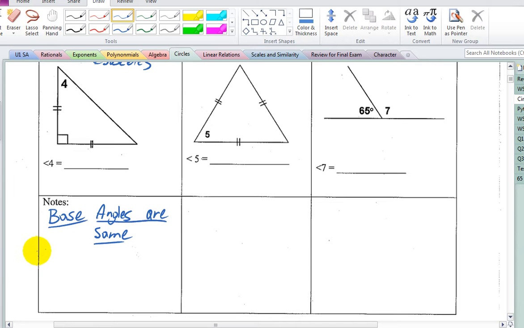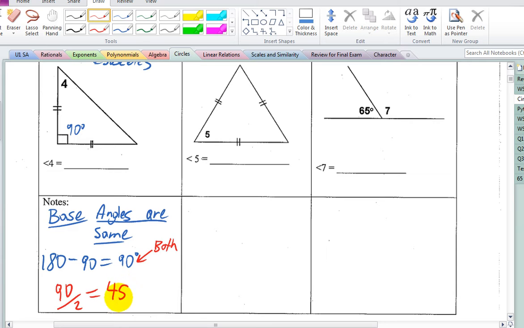So if we go 180 minus 90 degrees, remember, that's the 90-degree symbol, that equals 90 degrees. This is both angles. So how are we going to take 90 and divide that into two equal pieces? Oh wait, I just said it. You take 90 and divide it by 2.